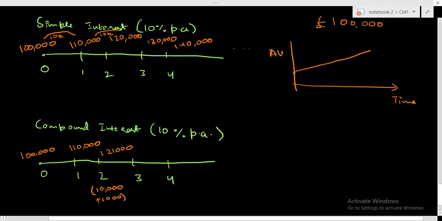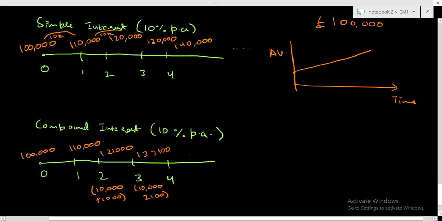Next term, 10,000 of the original one and 2,100 of the past interest. Past interest has been 21,000, 2,100, 10% of that is added. So in total you will be adding 12,100. So it just becomes 133,100.